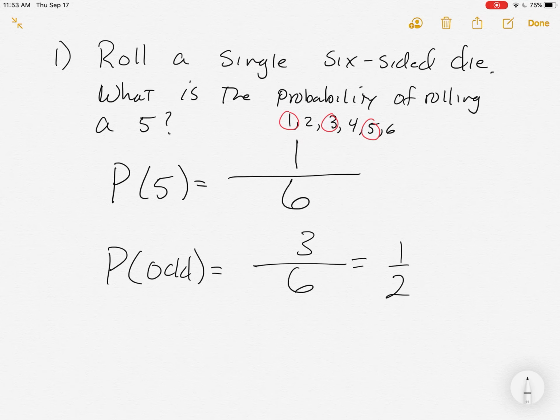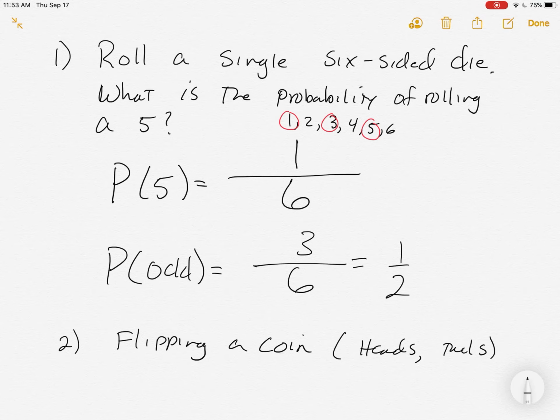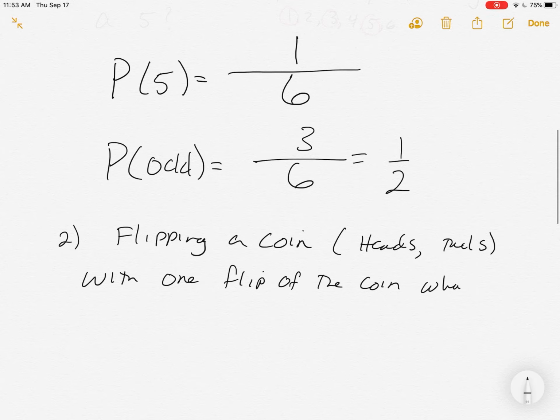So let's look at a different situation. What about flipping a coin? So we know that a coin has a heads and a tails, and they might ask, with one flip of the coin, what is the probability that we get heads?